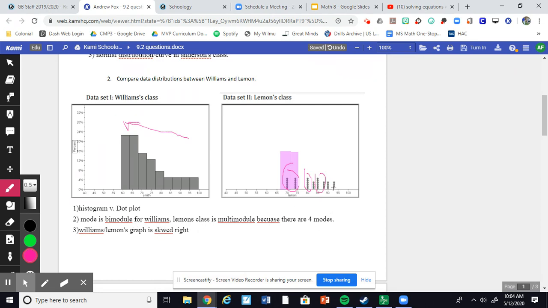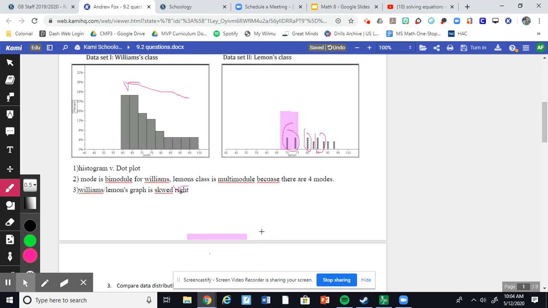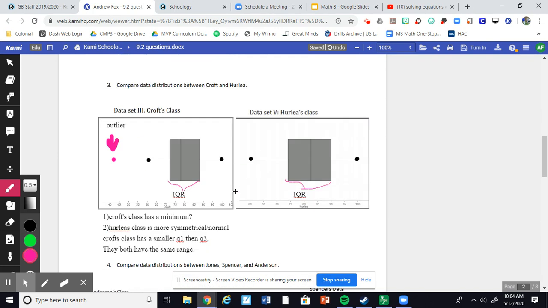And both graphs are skewed to the left. I should say left, not right. That was my mistake. Skewed to the left. Okay, there's no normal distribution, no outliers, but there's skewness with high variability.